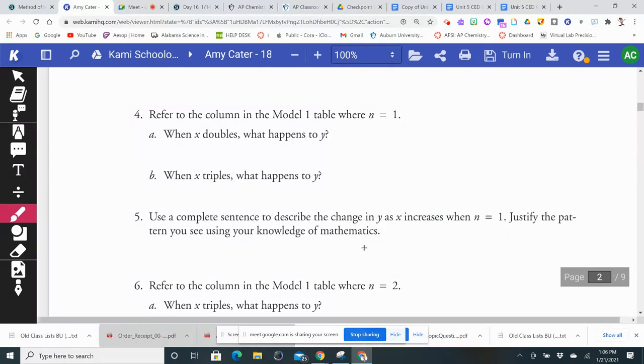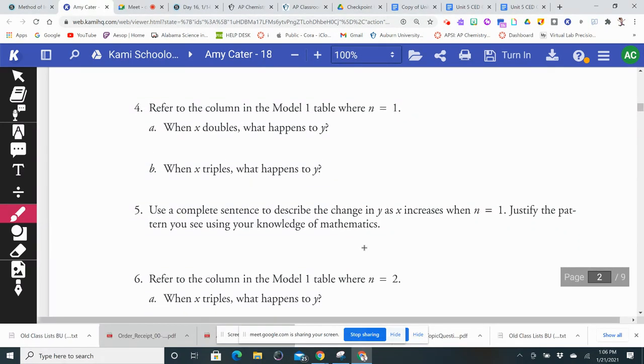All right, so now you can fill in number 4. I'll give you a minute. In complete sentences, tell me what happens when x doubles, what happens to y? When x triples, what happens to y?